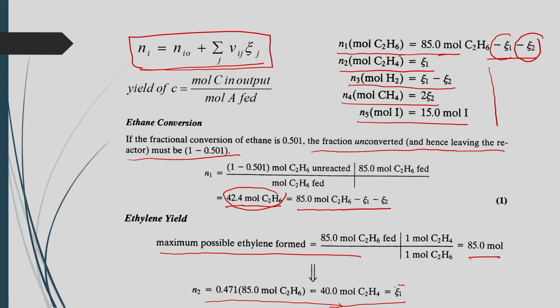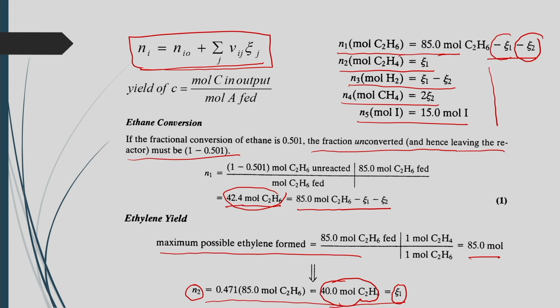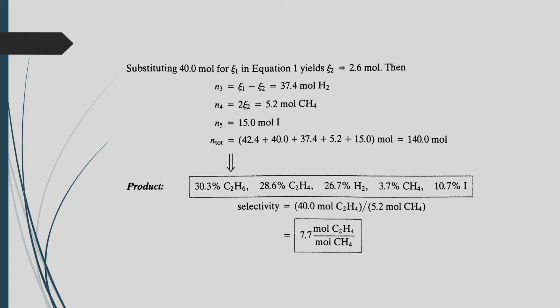So Xi1 will be equal to N2, and the amount there is 40 mole of ethylene. So, substituting this 40 mole for Xi1 in equation number 1, we can get the value of Xi2. Xi2 will be equal to 2.6 mole.